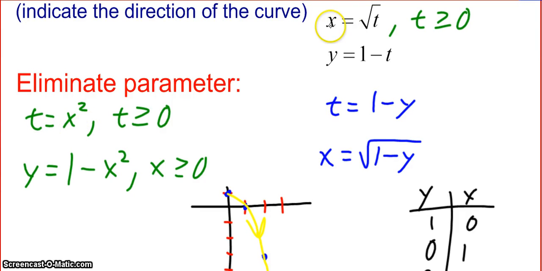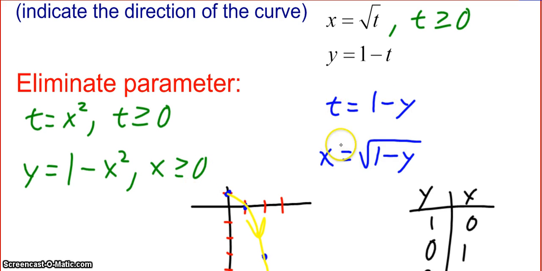So if I eliminate the parameter by solving for t in the x equation, I get t equals x squared, but I need to recognize t has to be greater than or equal to 0. So when I substitute that into the y equation, that means x has to be greater than or equal to 0. So if I use this version of the rectangular equation, then I have to understand I'm restricted to x is greater than or equal to 0.